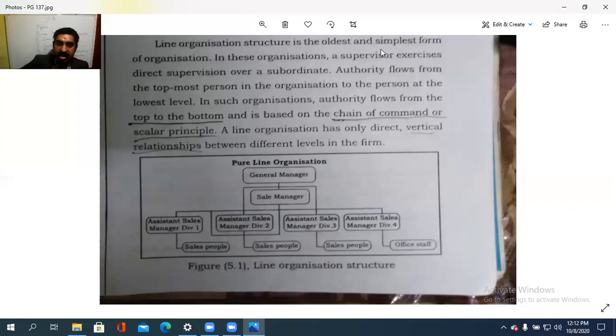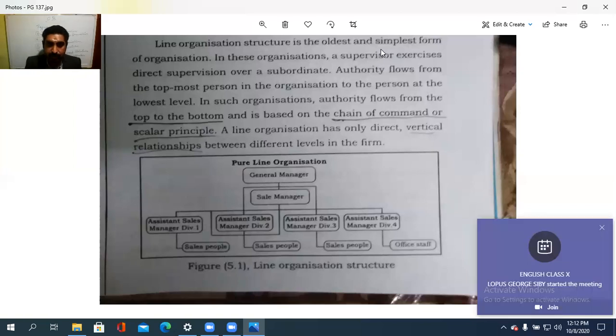A line organization has only direct vertical relationships between different levels in the firm. So you can see in the picture, the general manager to the sales manager, then the sales manager to the assistant sales manager, division 1, division 2, division 3, and division 4. And from the assistant sales manager, the command or authority is delegated to the different salespeople.